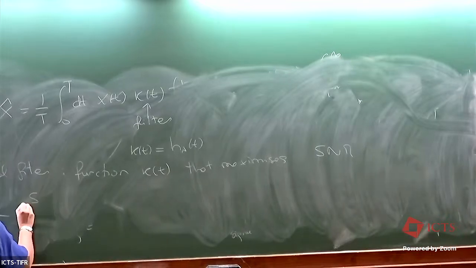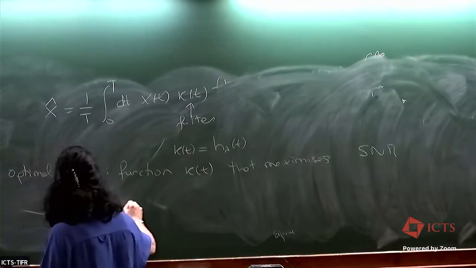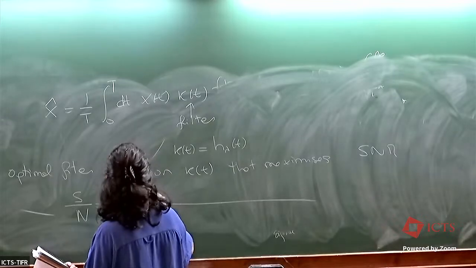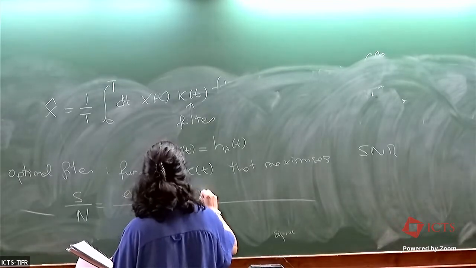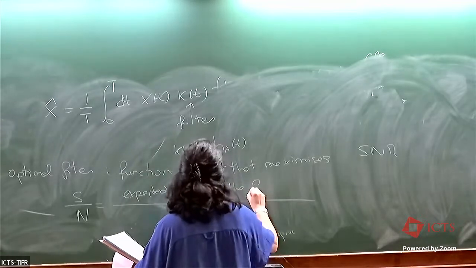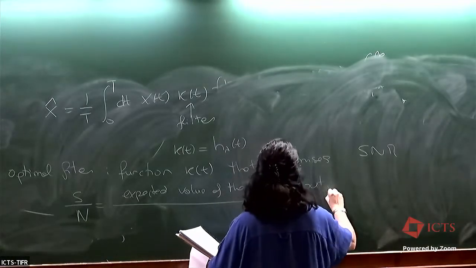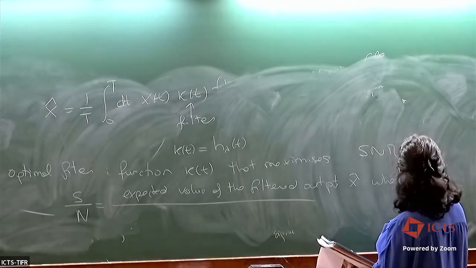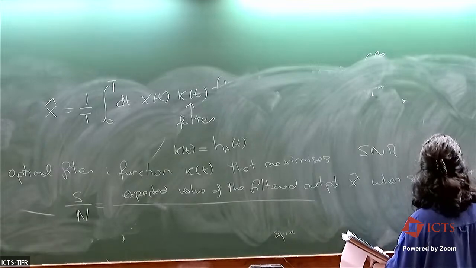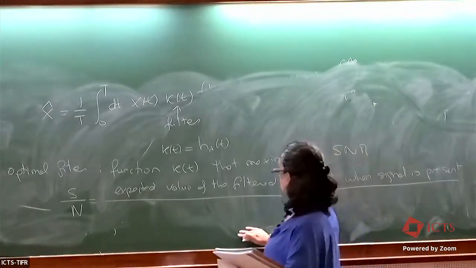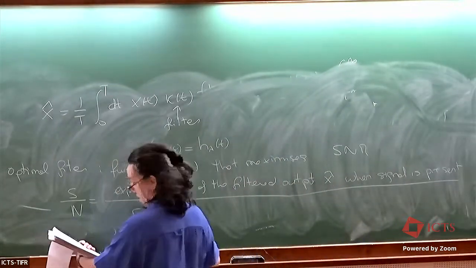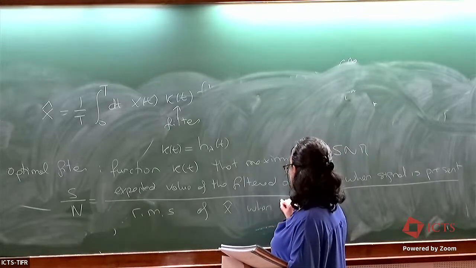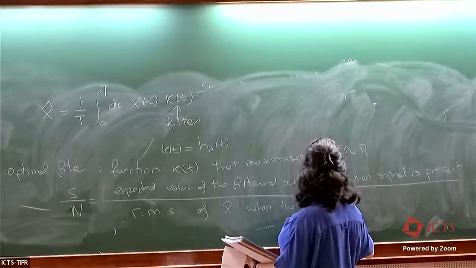And the signal to noise ratio, basically independent of what you do, is the ratio between the expected value of the filtered output x when the signal is present, divided by the root mean square of the filtered output when the signal is absent.